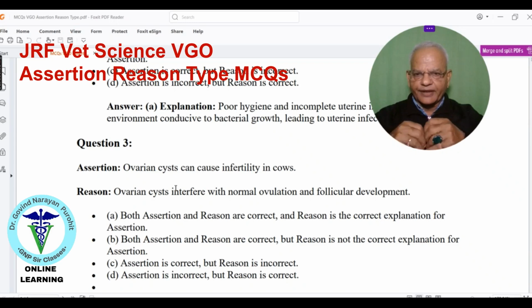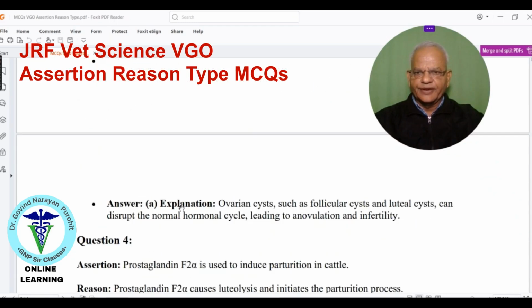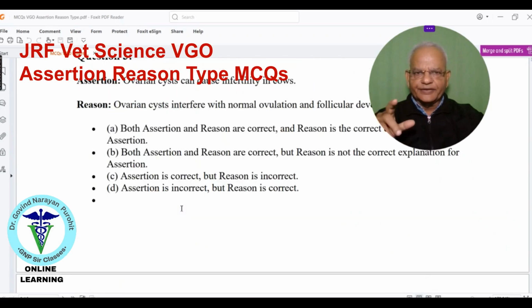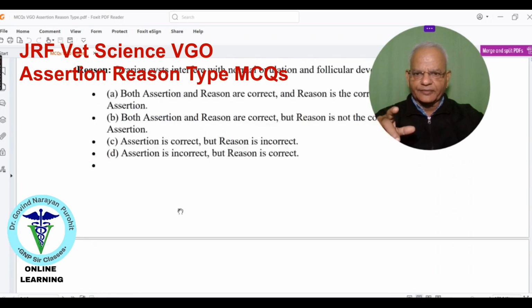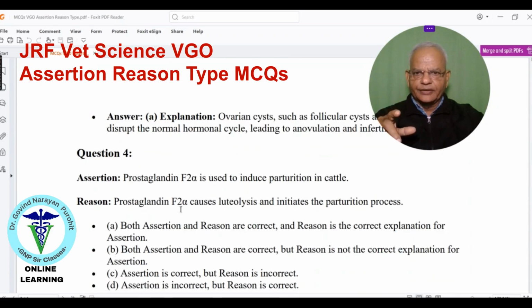Hyperactivity of the uterine glands, sometimes leading to mucometra, uterine pathologies, and other changes in the animal, which ultimately hinder normal ovulation and the establishment of pregnancy, right? So the answer is A. Both assertion and reason are correct, and reason is the correct explanation for the assertion.